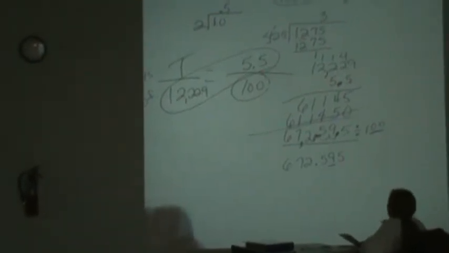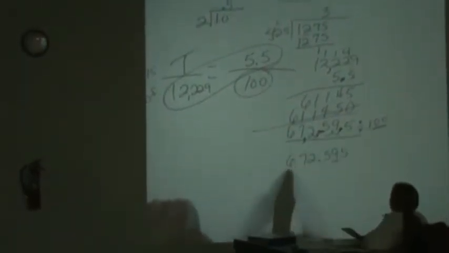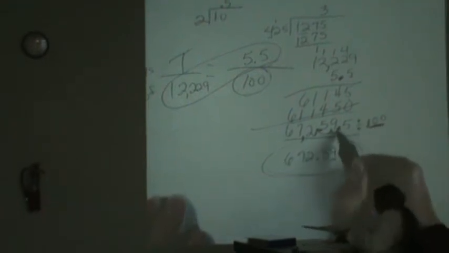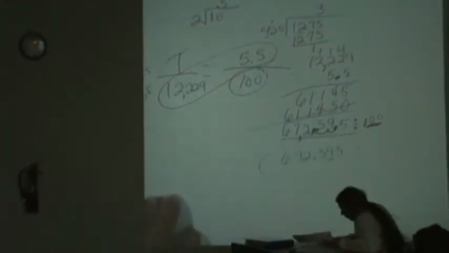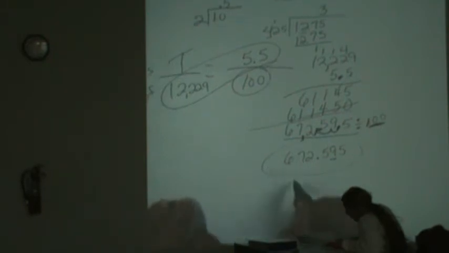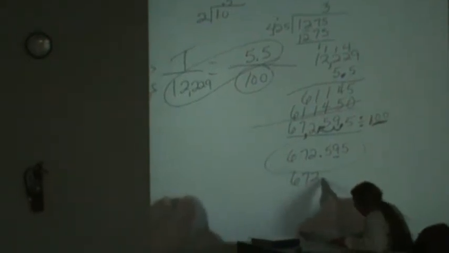Okay, but we need to round it to the nearest penny. If you divide it by 100, you move the decimal place 2 places to the left. How many zeros do you have? Move it 1, 2. So 672.595, so that rounds to 672.60.